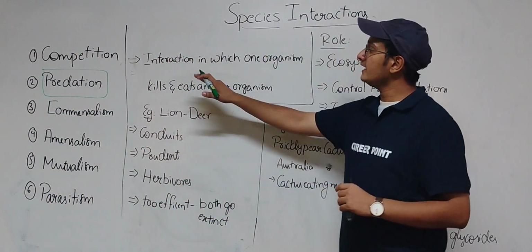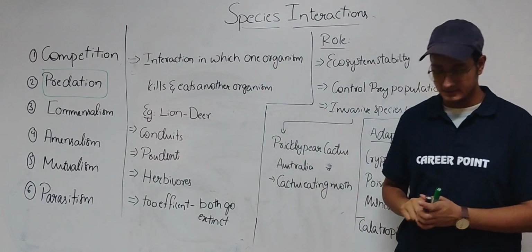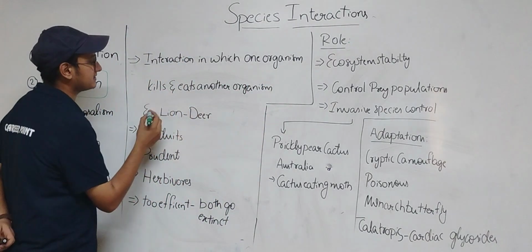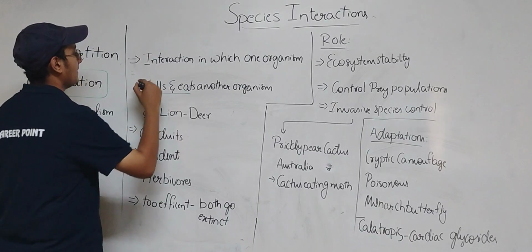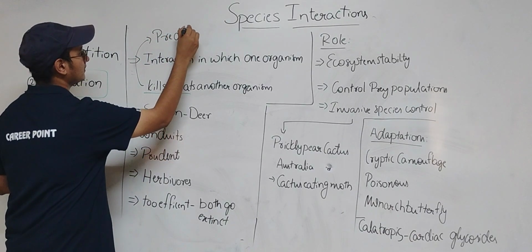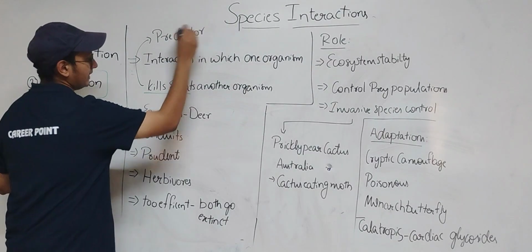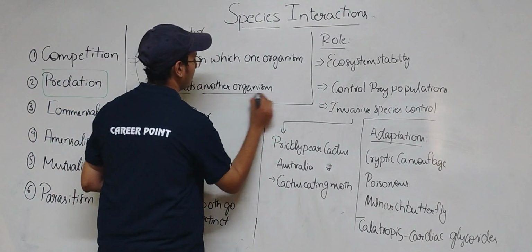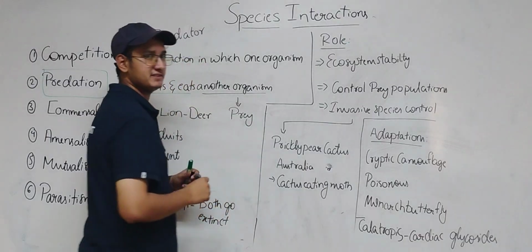Predation means an interaction in which one organism kills and eats another organism. The organism which kills and eats is known as the predator. And the organism which is getting killed is known as the prey.